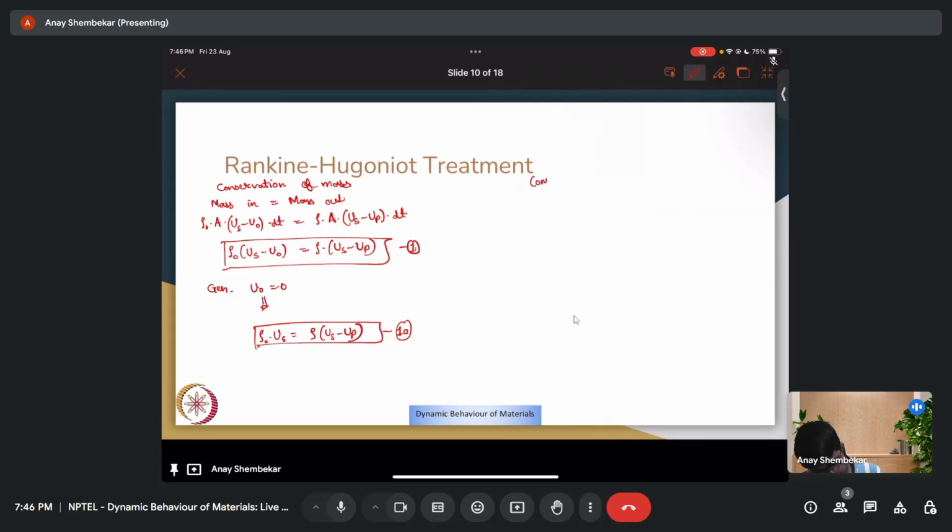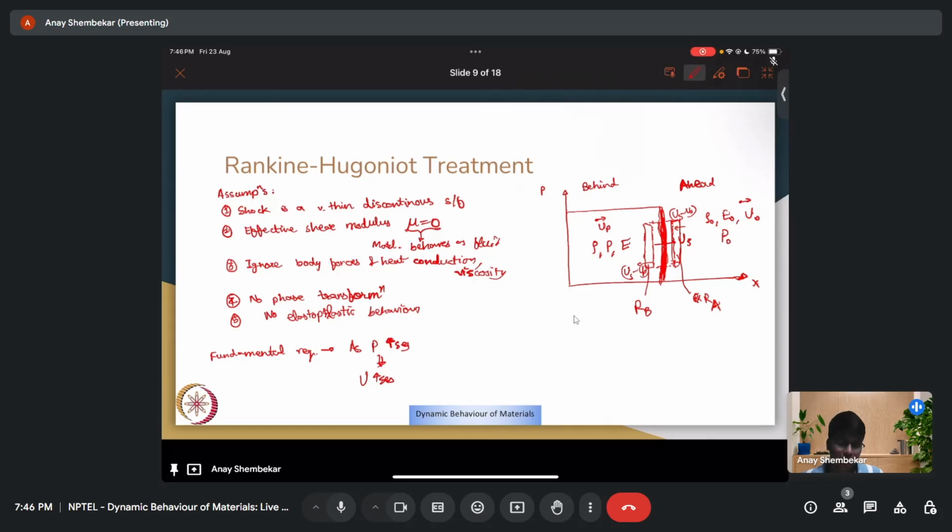Next was conservation of momentum. As the small region RA crosses the shock front, it experiences pressure P, which is higher than pressure P naught. That leads to the difference in pressure.